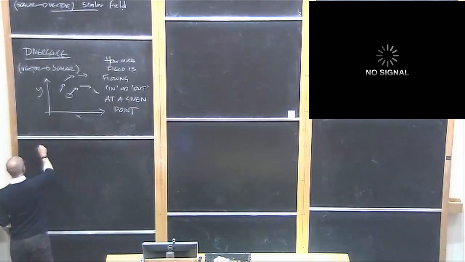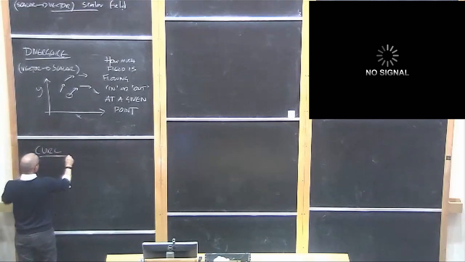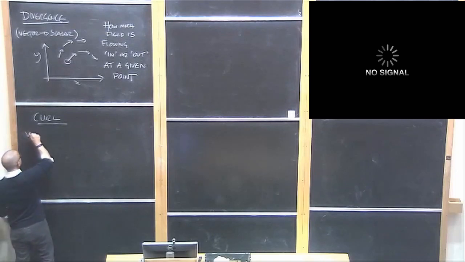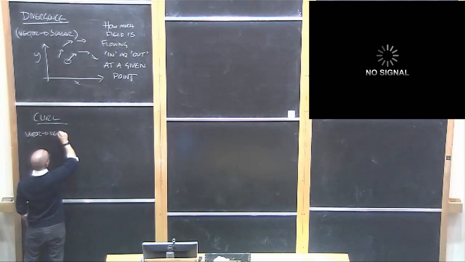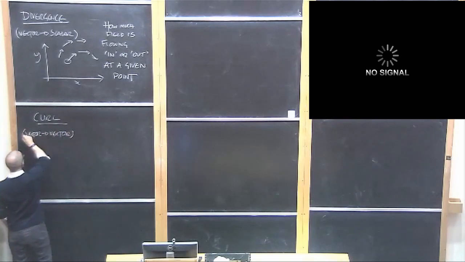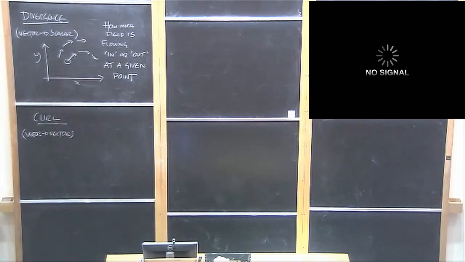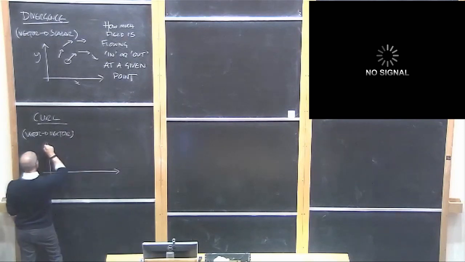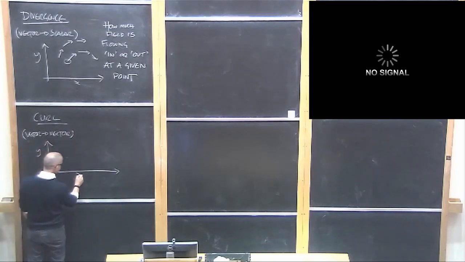And then finally, the curl, which we won't get to until the final third or so of the course. This takes a vector field and returns a vector field. And this tells you how much your vector field is rotating at any given point. So again, for ease of drawing, I'll give the example of a two-dimensional vector field.